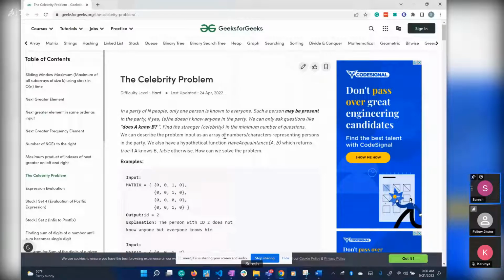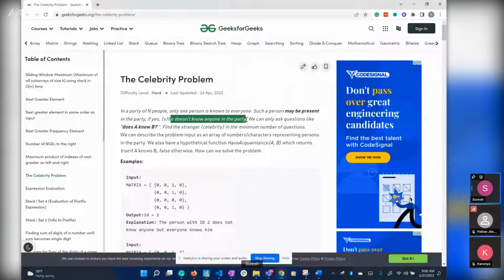So he's not a stranger to everybody, and that guy knows him, so not everyone is unknown to Sachin. One person out of 20 is known by Sachin. That's why in that situation we don't call him a celebrity. That is the main situation here: he doesn't know anyone in the party.